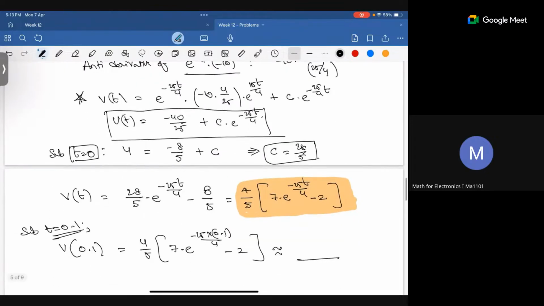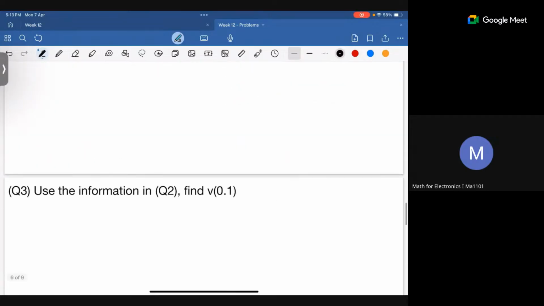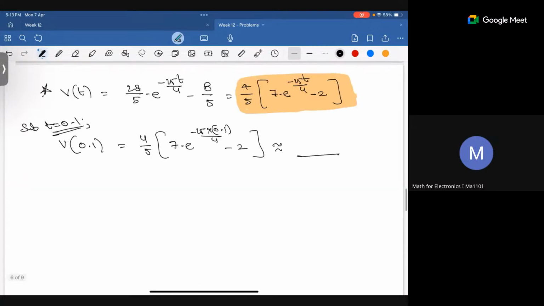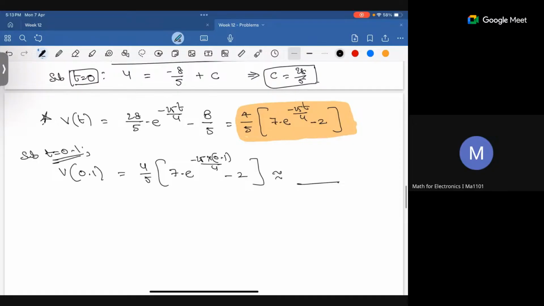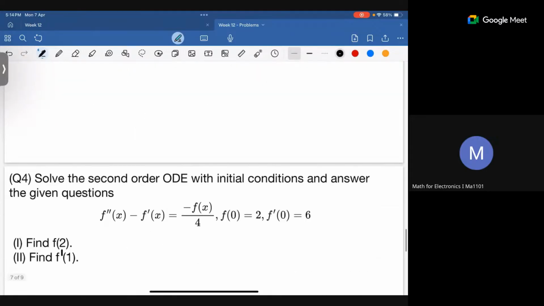After that, you will get V of t. Once you get V of t, you can answer the later question. They will just ask you to compute V of 0.1 or 0.05 or 0.02 or whatever. So for that you need to find V of t for any t.